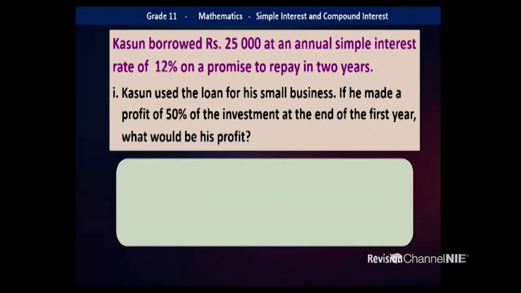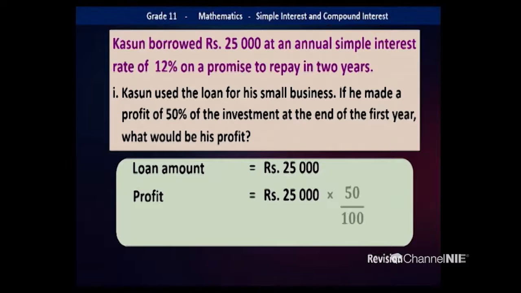First one, Kasun used the loan for his small business. If he made a profit of 50% of the investment at the end of the first year, what would be his profit? Loan amount 25,000, profit 25,000 into 50 upon 100.